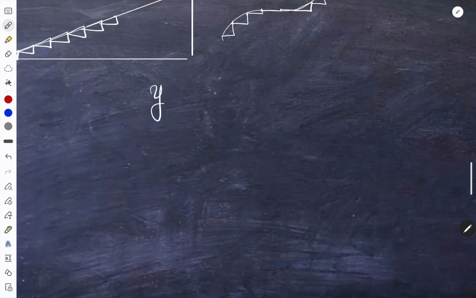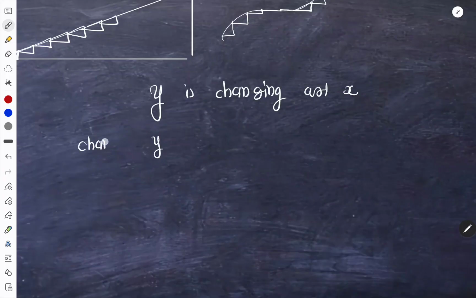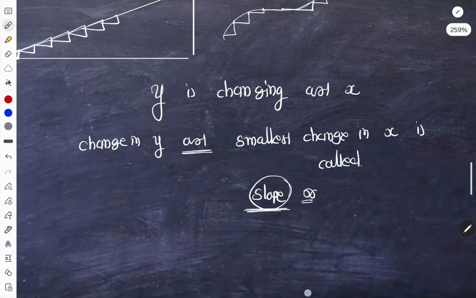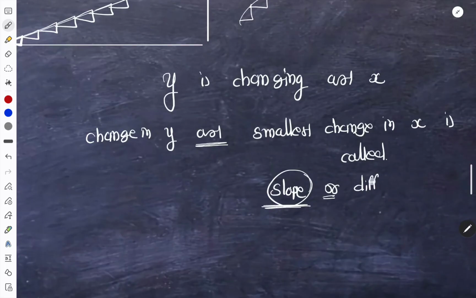So y is changing with respect to x. The change in y with respect to the smallest change in x is called slope, obviously, or differentiation.